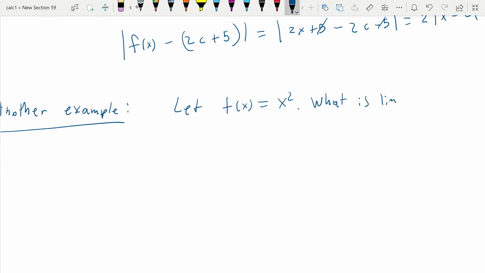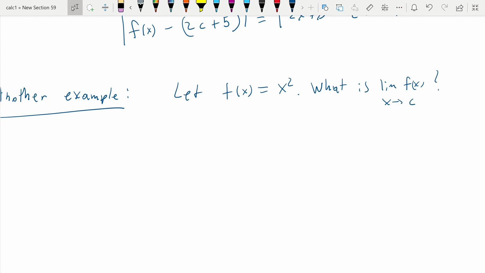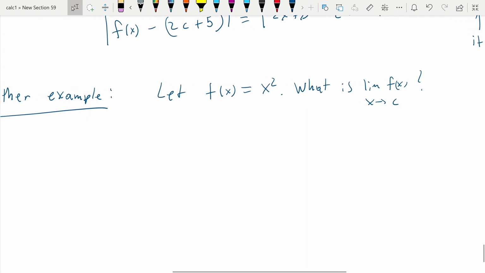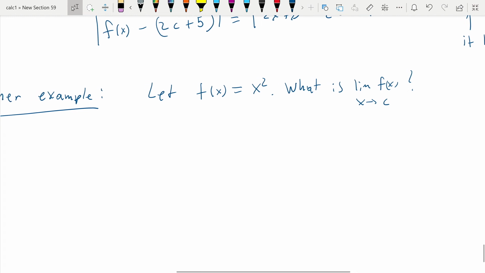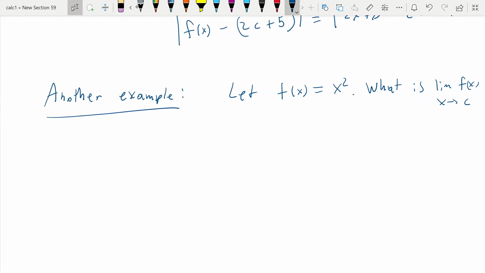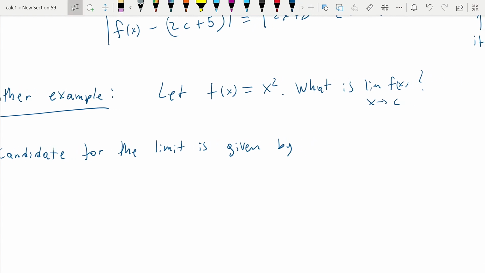What is the limit of f of x as x approaches some number c? Again, f of x is defined everywhere, and the function is a polynomial and it's continuous. You already know that. So a candidate is given by the value of f at c, so by c squared.